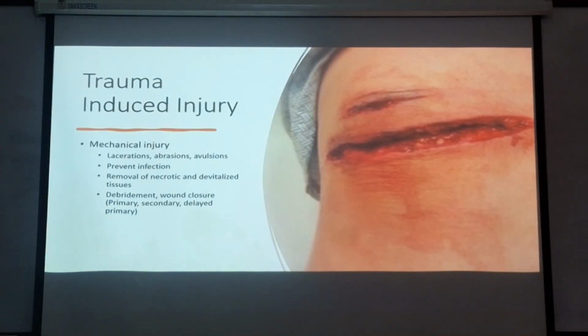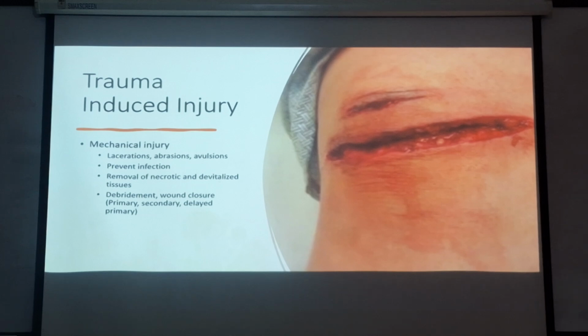So trauma. So there will be wounds, no? Lacerations, abrasions, avulsions, punctures. So mostly you need to debride necrotic tissue, if present, irrigate or cleanse the wound to decrease the bacterial load, and then perform wound closure.